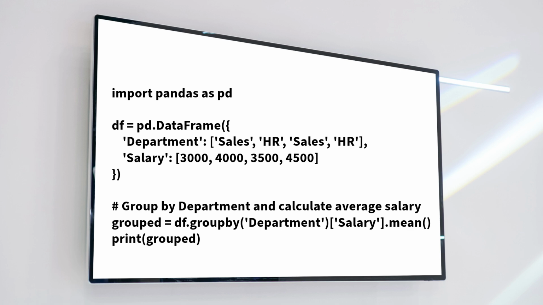So here we are using the groupby function in pandas to group them by department and calculate their average salary. So here we used dot groupby, and after that we are entering the values of department, followed by that we are including the keyword salary, and here we used mean to find the average salary. With the help of the groupby function we did both things. We calculated the average salary based on department.